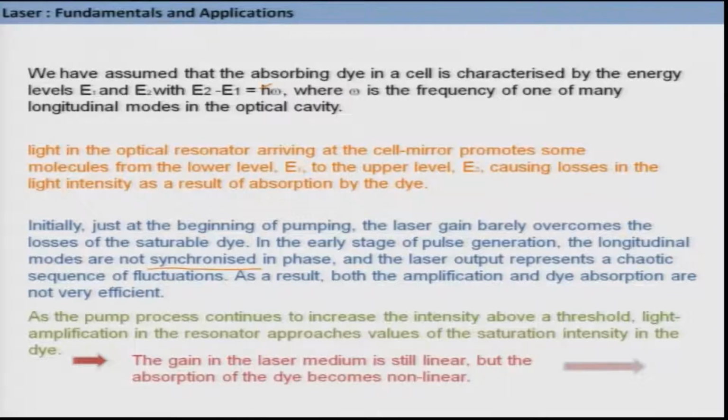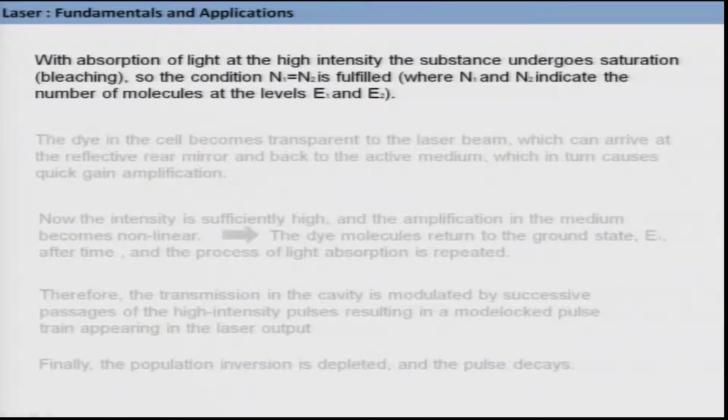Then what happens? More and more photons coming in, that is intensity is higher and higher. The substance, that is the saturable absorber, undergoes saturation. So we reach a condition of bleaching, and once this happens, the dye becomes transparent to the incoming light.